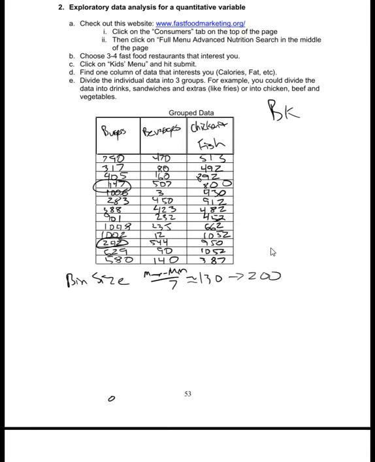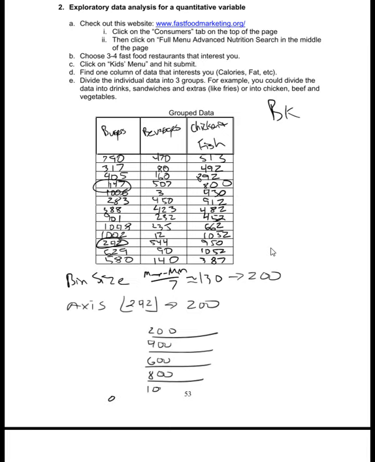So this will start our axes. Instead of at 242, the floor of 242, rounded down to the nearest 200 is of course 200. So we'll start at 200, but then we'll have a 400, and we'll have a 600, and an 800, and 1,000, which will go up to 1,200, and that'll be it.